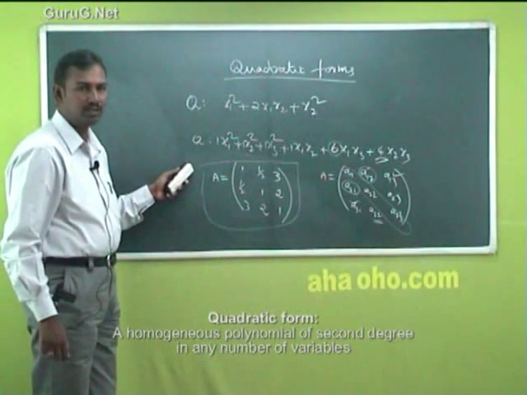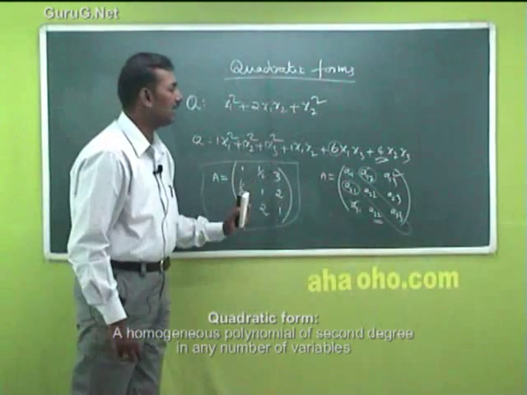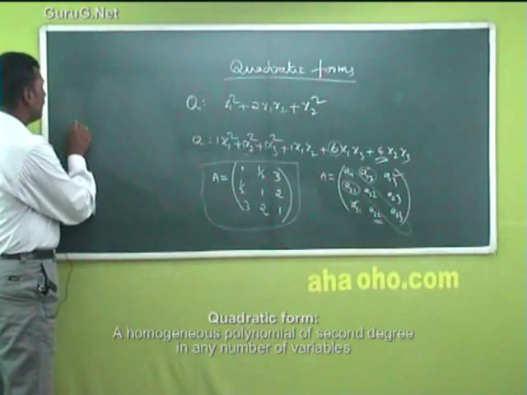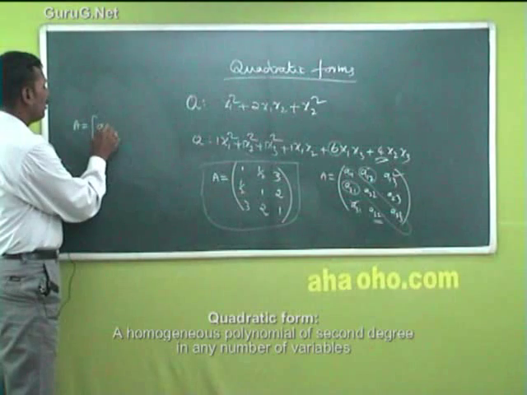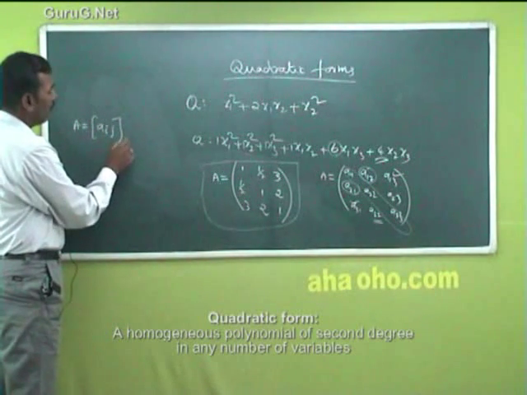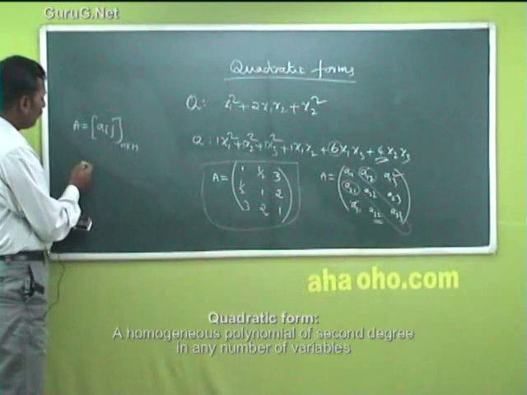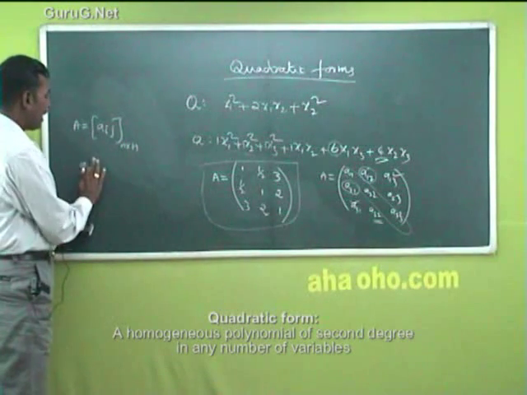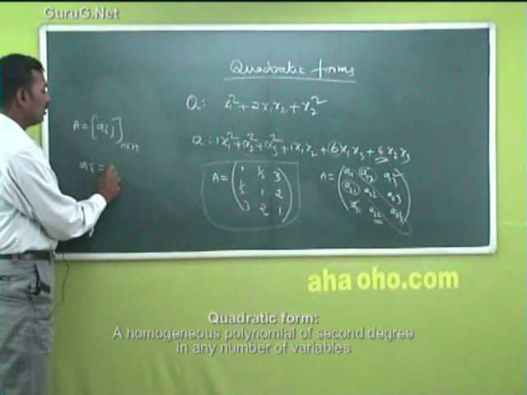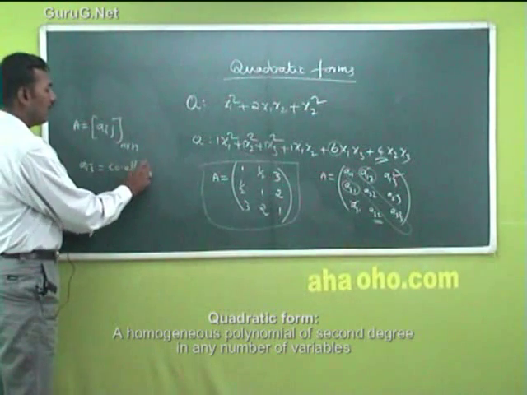Got it? Any doubt? So in general, A is a real symmetric matrix, which is like this, of order n. The element Aii is nothing but the coefficient of xi square.